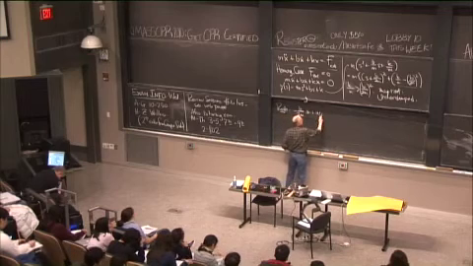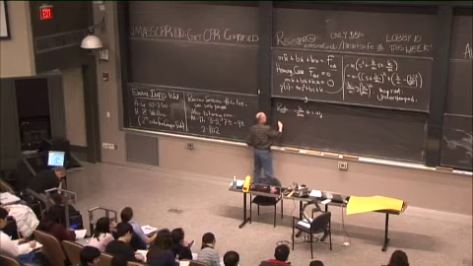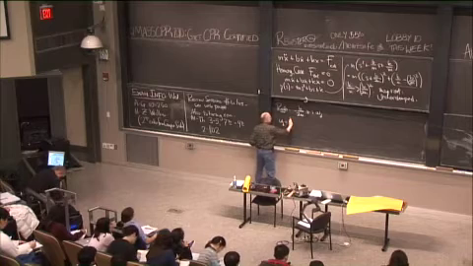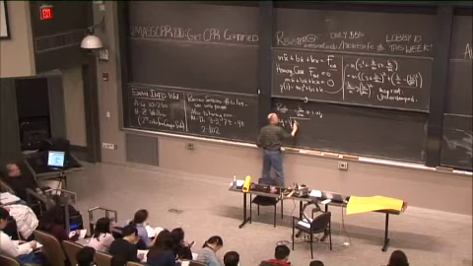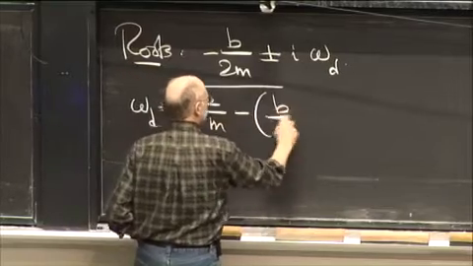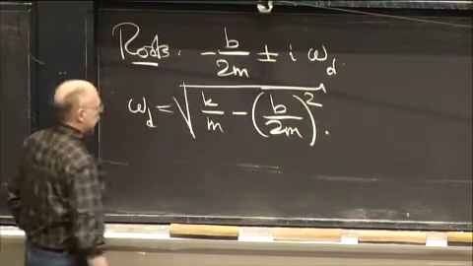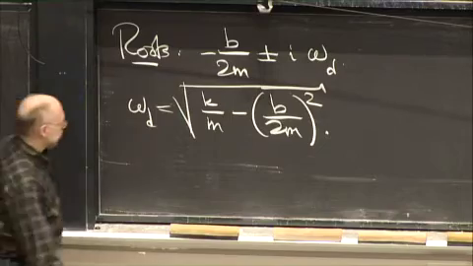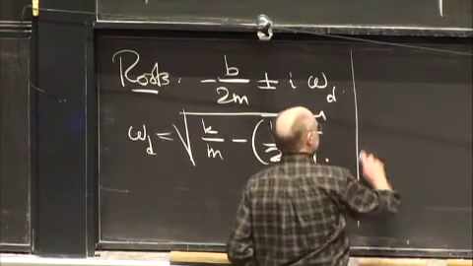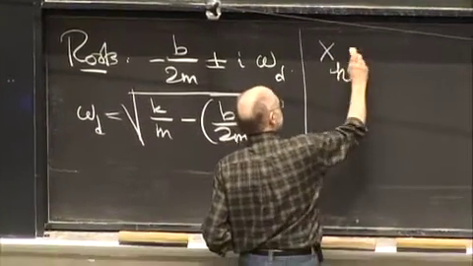The roots are a real part, minus b over 2m, and then plus or minus an imaginary part, which I can write as i times omega d. And omega d is the square root of k over m minus b over 2m quantity squared. And so those are the roots, and that gives rise to this kind of solution to the homogeneous equation.